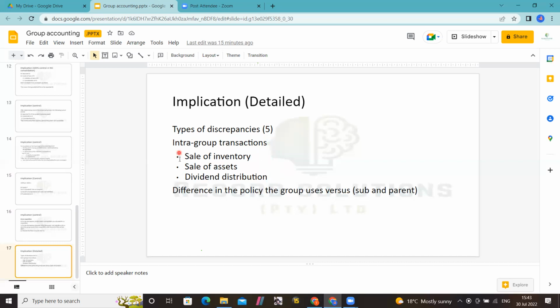And then also if there's a difference in policy versus what the sub does and what the group does. So if, from a group level, the group says the sub is supposed to record that machine at cost, right?